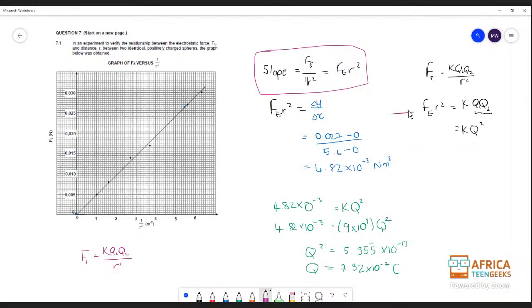So what happens to this formula if you rearrange it? You get this. Then they told us in the briefing or in the question that your two Q charges, your two spheres, are identical. So what that means is this can just become Q squared. Okay, so then you go and you work out your slope, which we did over here using our graph.